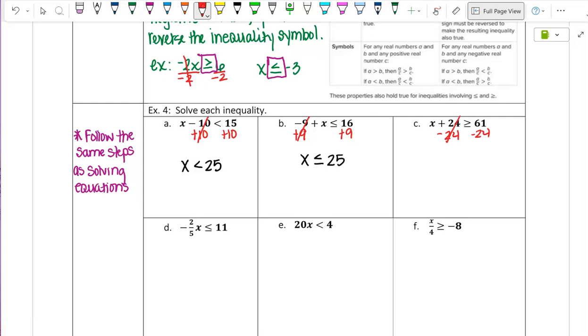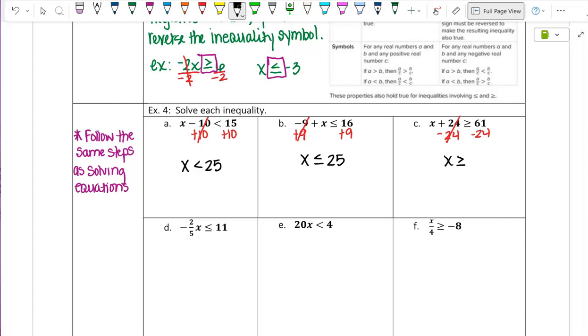And Melody, what do I get when I take 61 minus 24? Not quite 46.